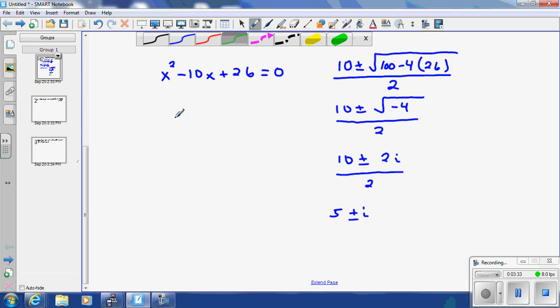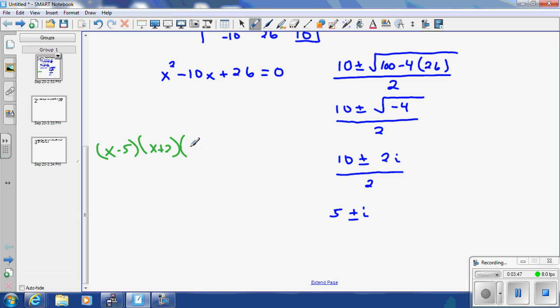And so that's it. My roots, if I'm going to list them all, we'll do it in a different color here. Originally we had the 5, so that makes a root of x minus 5. We had the -2, so that makes x plus 2. Now we've got the complex roots, x minus, parentheses, 5 plus i, and x minus, parentheses, 5 minus i.